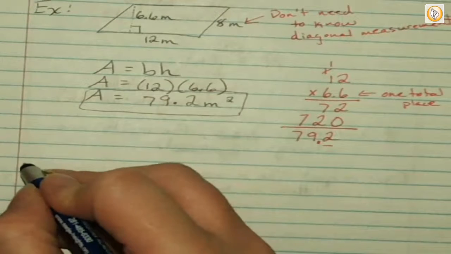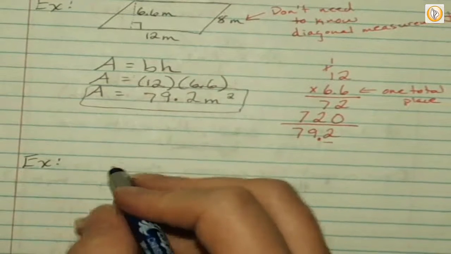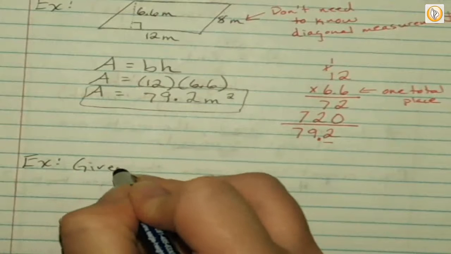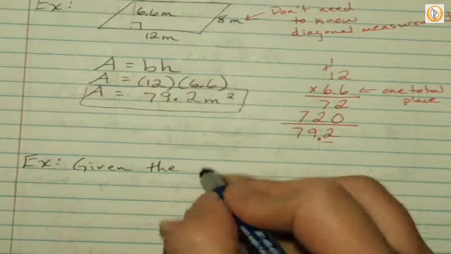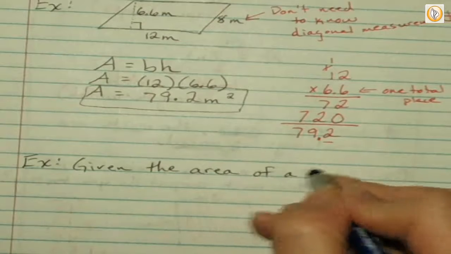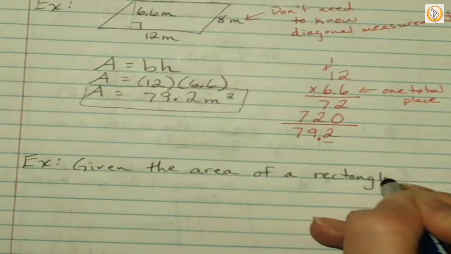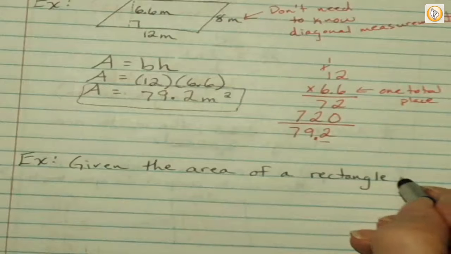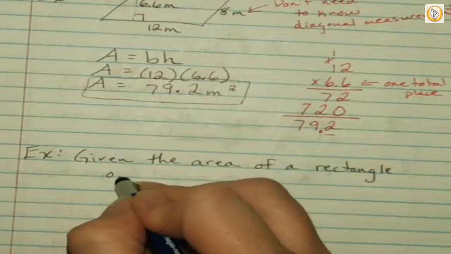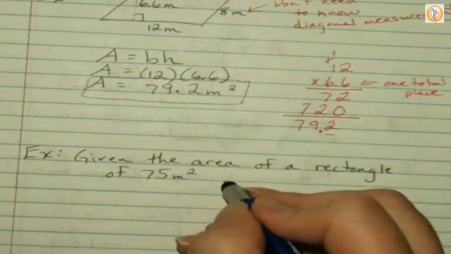All right, let's do another one. This time, you're given the area of a rectangle of 75 meters squared.